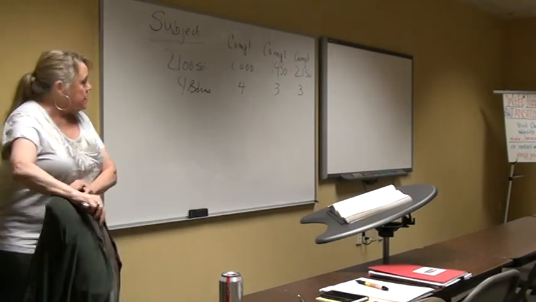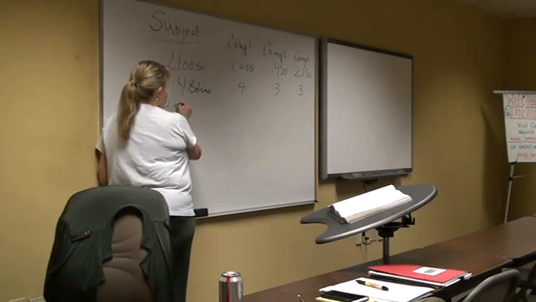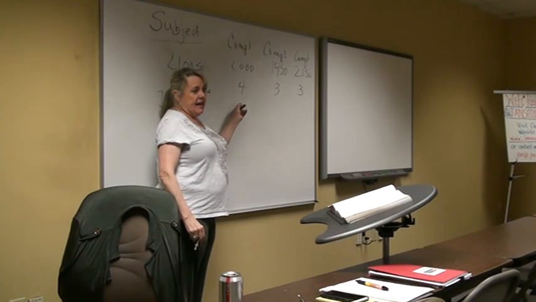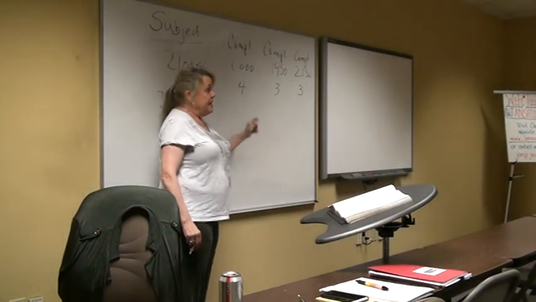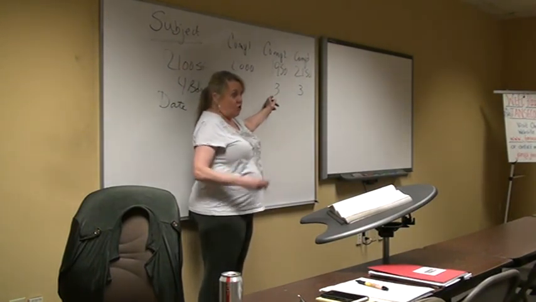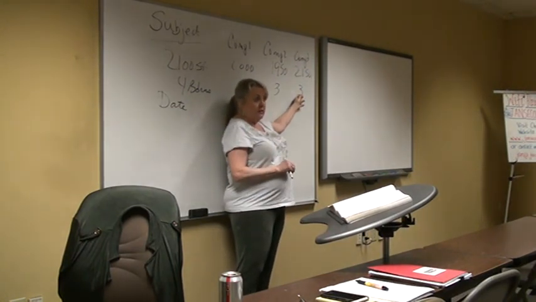So they're looking for comparables, but the big thing we're talking about now is the date. If this comp sold last year, depending on when, it might be too old. If this one sold 2 months ago, that's probably a good comp. If this one sold 6 months ago, it's probably a good one to use.